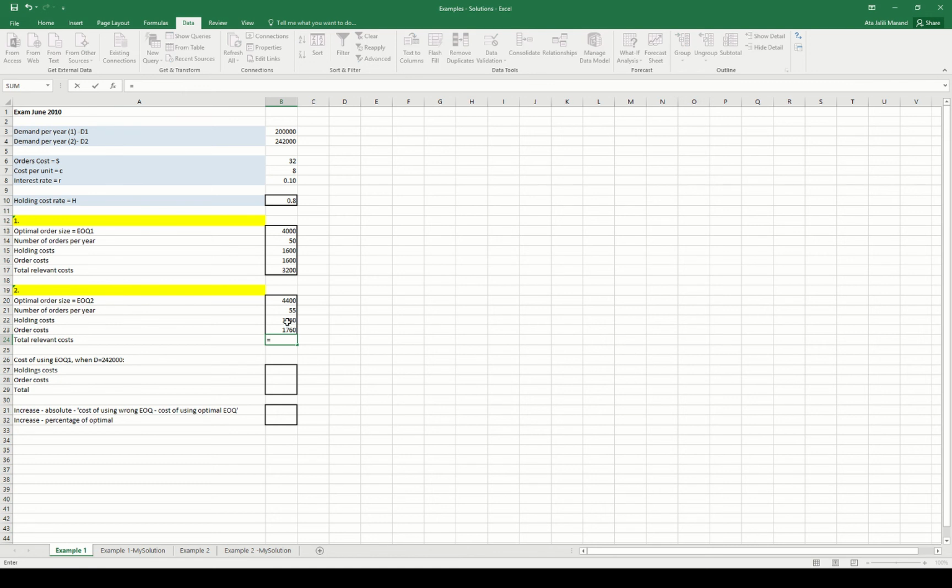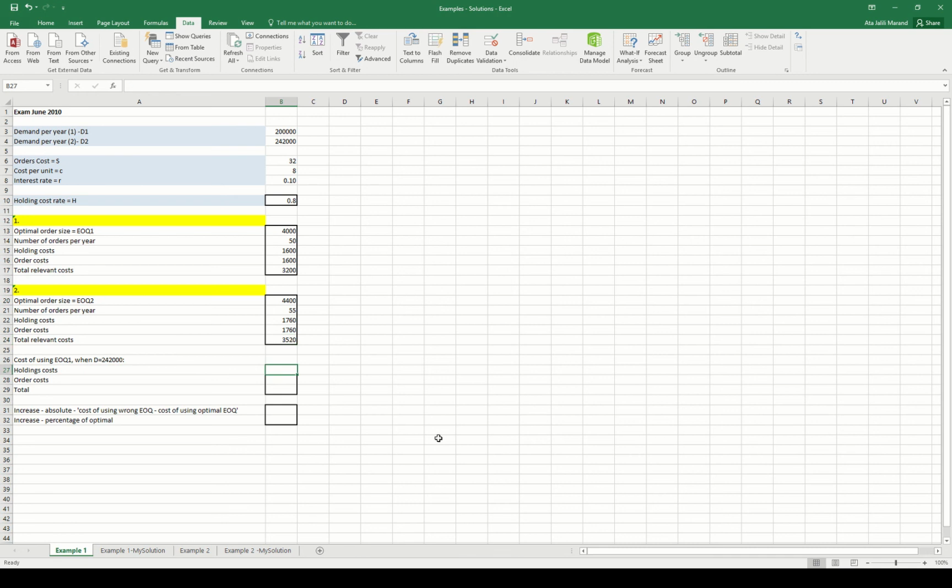And the total cost is the summation of these two cost terms. And we can see that for a higher demand, of course, the total cost is higher in these two parts of this example.